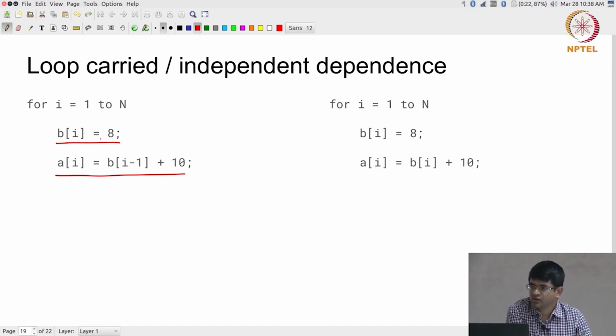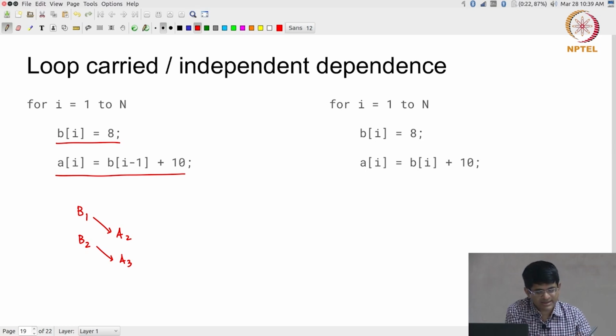The way that I have written the loop, there is a proper dependency from b1 to a2, b2 to a3, and so on. I am updating the value of b of I inside the loop, and it will be used by a in the next iteration of the loop.